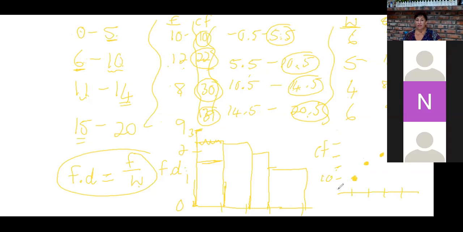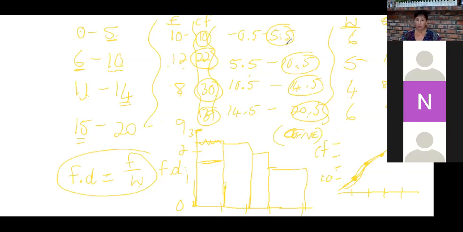Okay, so these graphs tend to do something weird. They curve a bit, okay? Something like that. Important, okay, that you know how to plot an ogive, it's called, or a cumulative frequency graph. The ogive is a cumulative frequency graph.